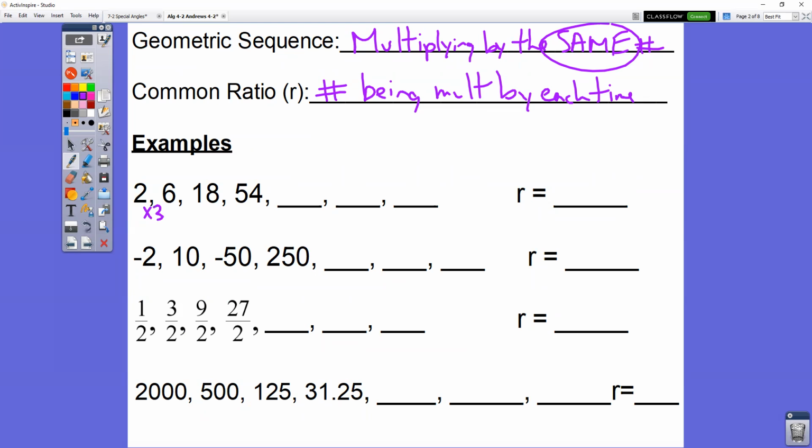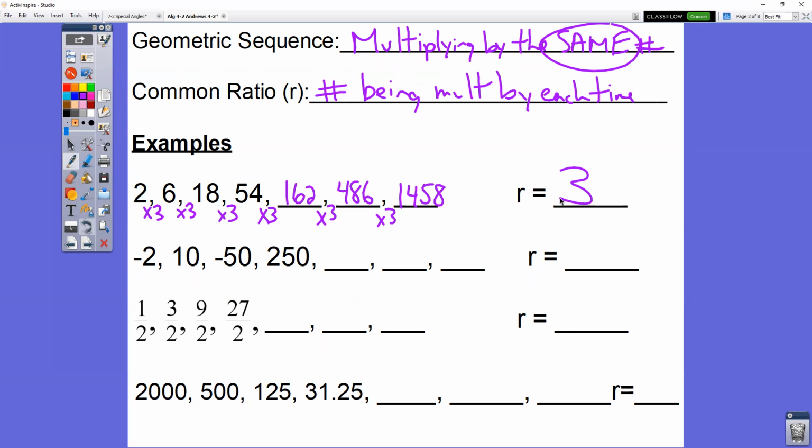Well, what we're doing each time is multiplying by 3. 2 times 3 is 6, 6 times 3 is 18, 18 times 3 is 54, 54 times 3 is 162, 162 times 3 is 486, 486 times 3 is 1,458. Our ratio is 3.